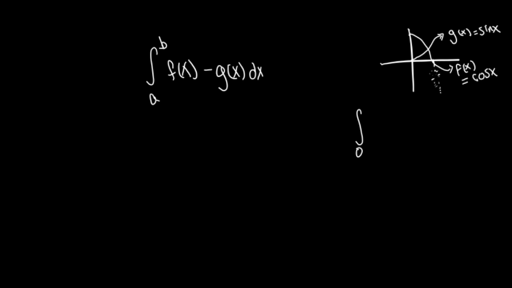So this should be right here where they intersect, which should be pi over 4. And then we're going to take our top function, cosine of x, minus sine of x, dx. And then we would proceed as normal, as a normal integral, right?